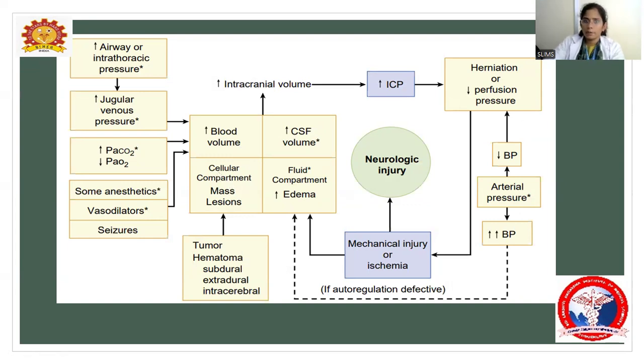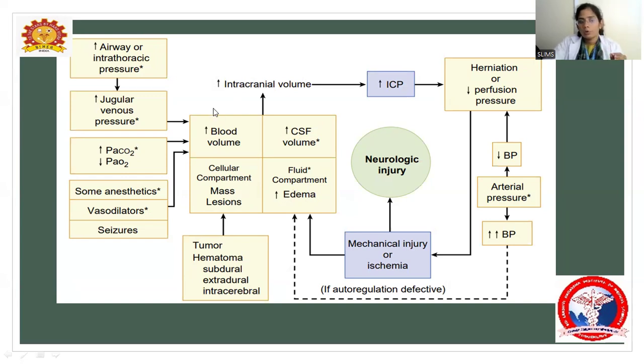Mainly mass lesions. These include tumor, hematoma. The hematoma may be subdural, extradural, or it can also be intracerebral. Increase in the CSF volume can also be a cause of this. The other is the fluid compartment, that is, whenever there is cellular edema, there will be increase in the intracranial volume.